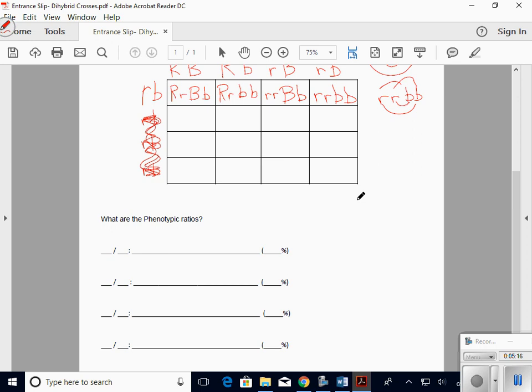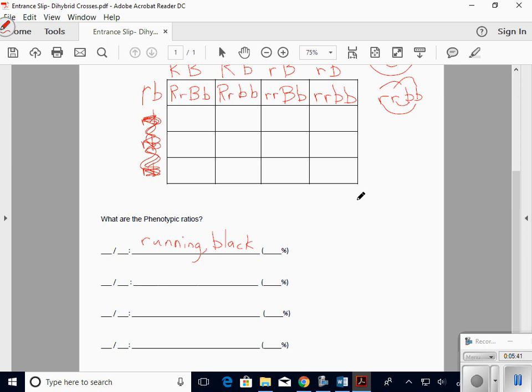The very first one I have here is a running black mouse, okay? A running black mouse.